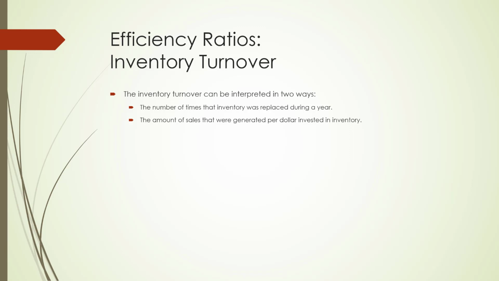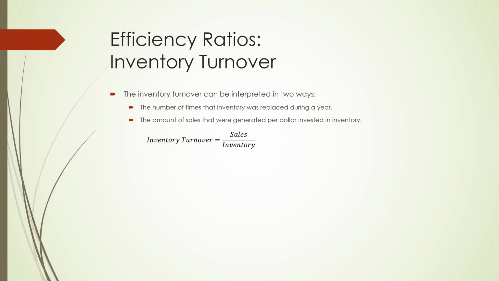All right. And remember that this word turnover means sales or some variant of sales divided by something. So this inventory turnover ratio should be sales divided by inventory. And in fact, it is. However, as I mentioned earlier, it makes more sense to compare cost of goods sold to inventory because cost of goods sold is at cost and inventory is at cost.